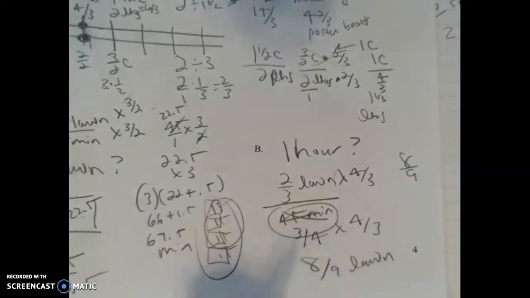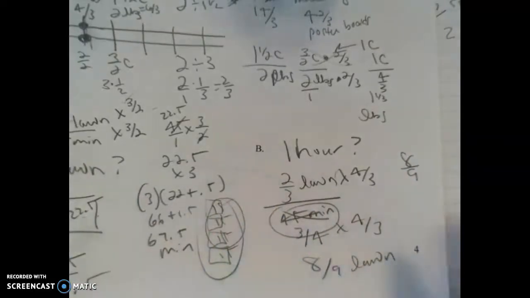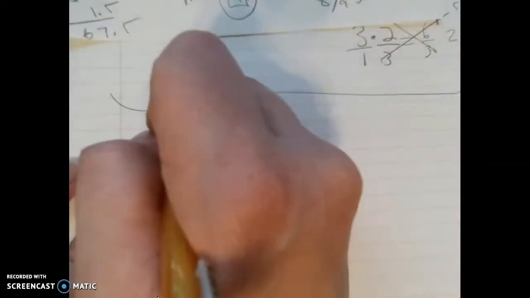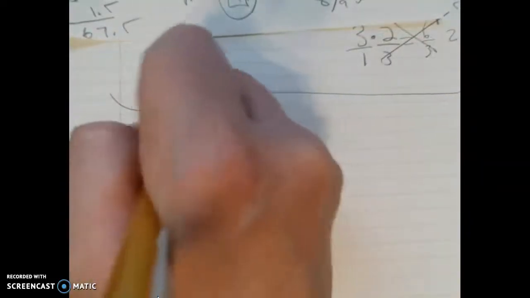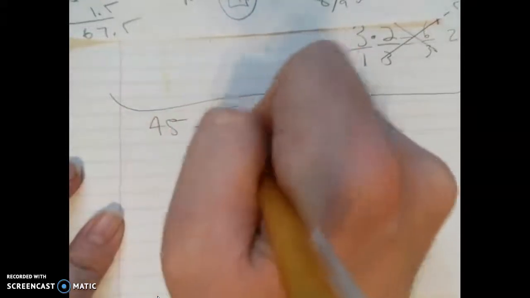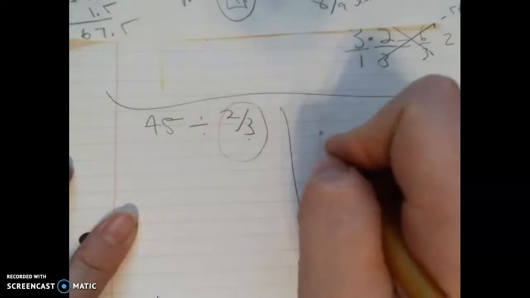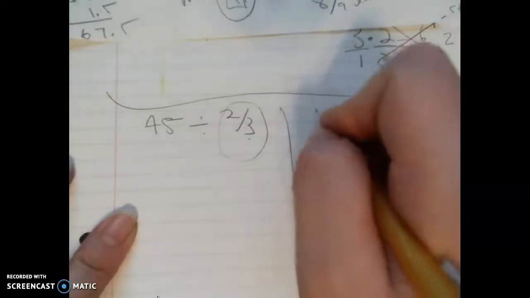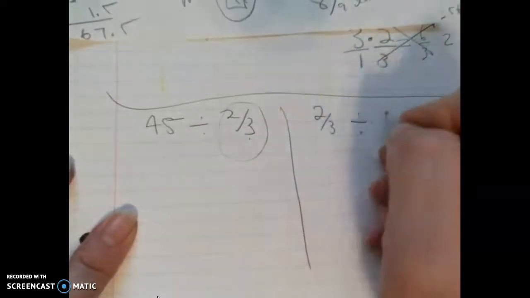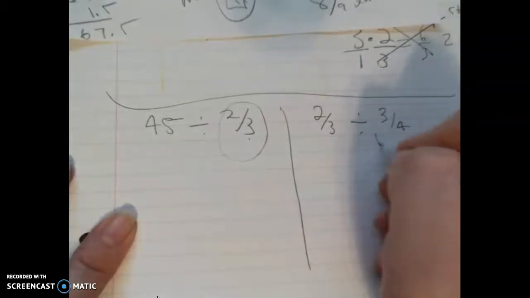All right, and then if I was going to do a picture for both of these, I'll probably look at this when I grade. The first one, you want to get 1 lawn. So you should have 45 divided by 2/3 because you want to get this into 1 lawn. And for B, you should do the other direction. You should do 2/3 divided by 3/4 of an hour.